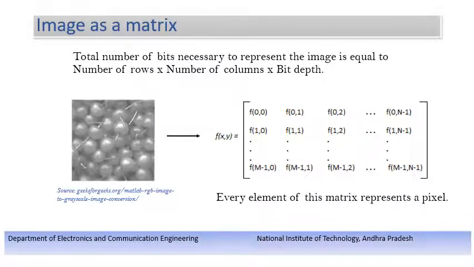Moving on to how we can represent an image, the simplest way to represent an image is in a matrix form. As you can see in this image, it is represented in the form of rows and columns that contains various elements. Each element represents a pixel, where each pixel can assume a value from 0 to 255 depending on the type of image.